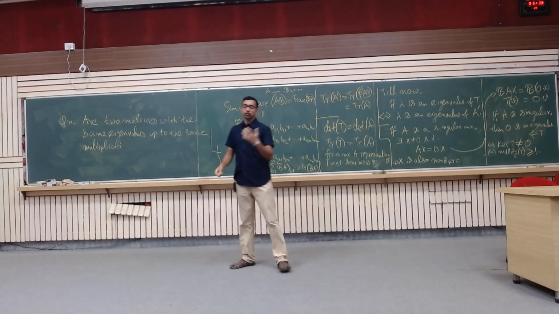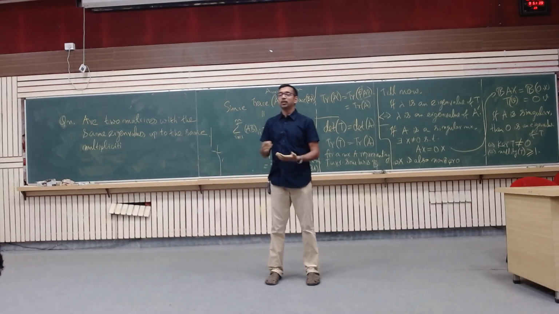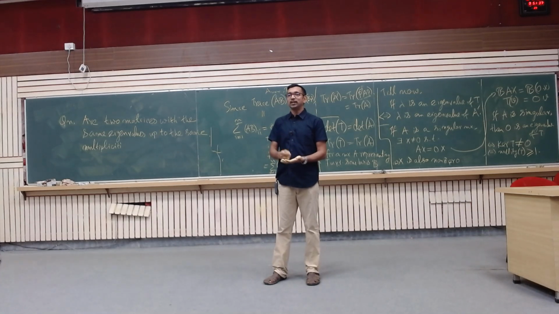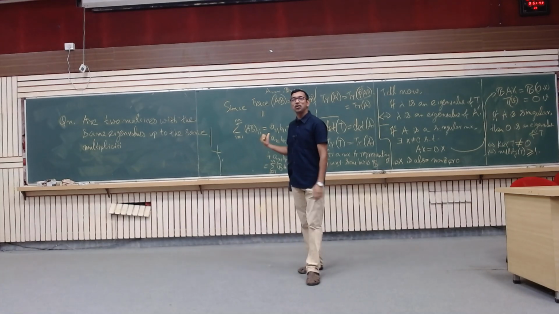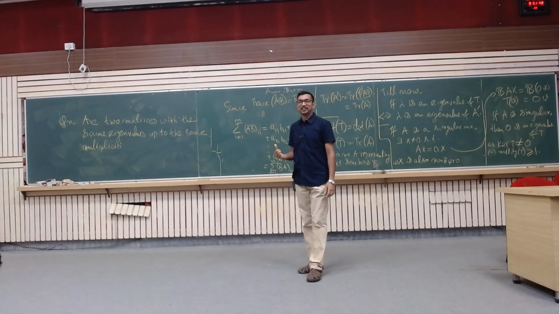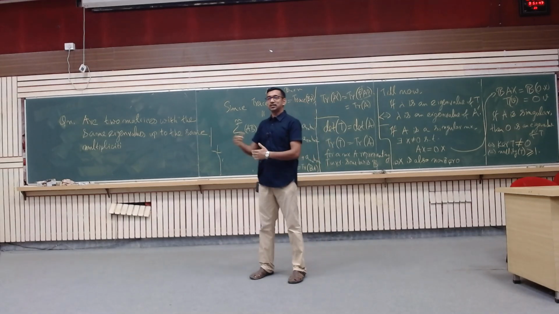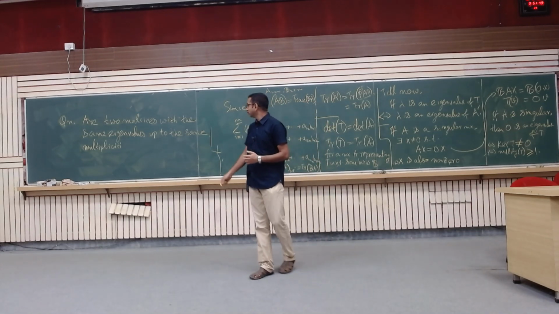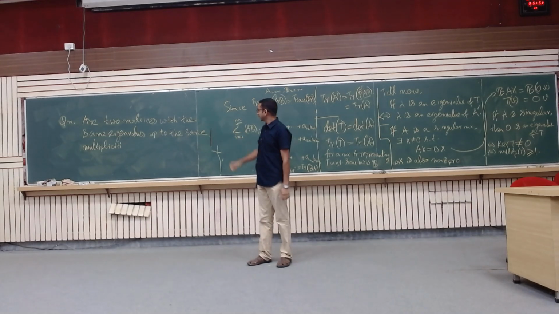So if your matrix has an eigenvalue 2, and so how do you find the eigenvalues of a matrix? By the characteristic polynomial. So the number of times it is repeated as a root, that is what we mean by multiplicities here.